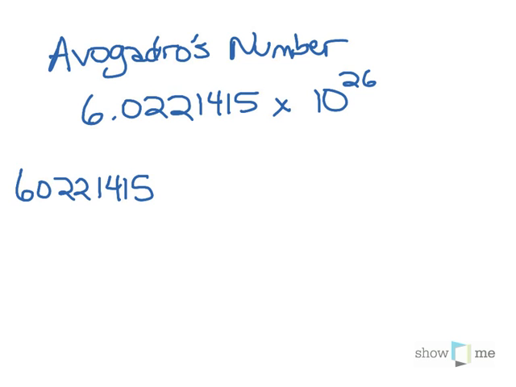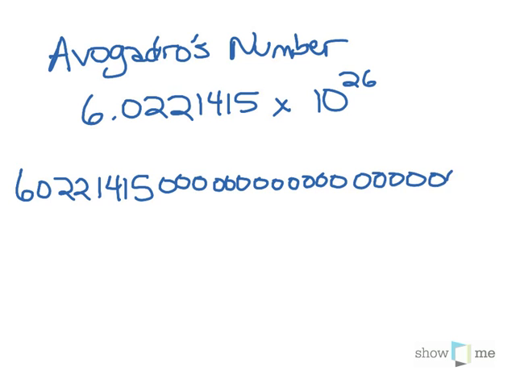We still have to move it 19 more places to the right. And that means we're going to have to put 19 zeros after the 5. 1, 2, 3, 4, 5, 6, 7, 8, 9, 10, 11, 12, 13, 14, 15, 16, 17, 18, 19. I apologize for subjecting you to that, but it makes the point quite clear visually about why we like scientific notation so much.